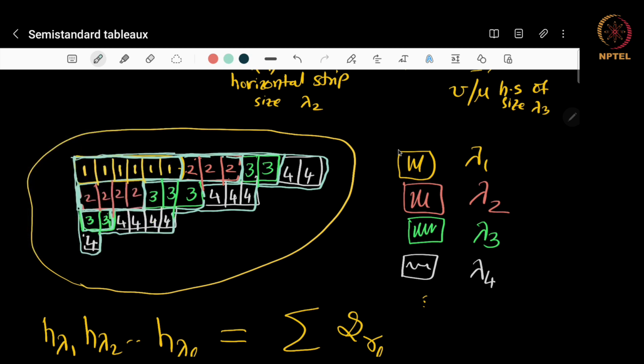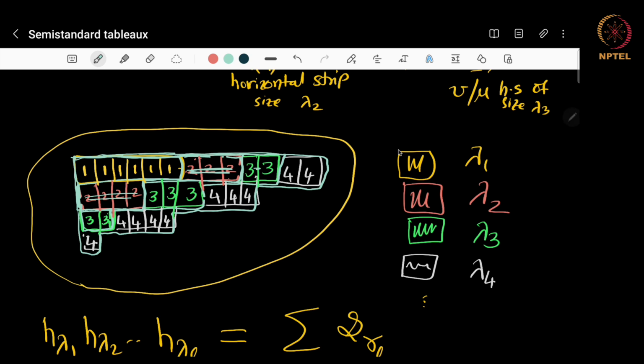What does it mean to say that I've attached a horizontal strip at every step? So just look at the 2's that we attached. The 3 of them were there and the 4 of them are there. So what it means is that no 2 of them is in the same column. The boxes attached in the second step, no 2 of those boxes can be one below the other. They can't be in the same column.